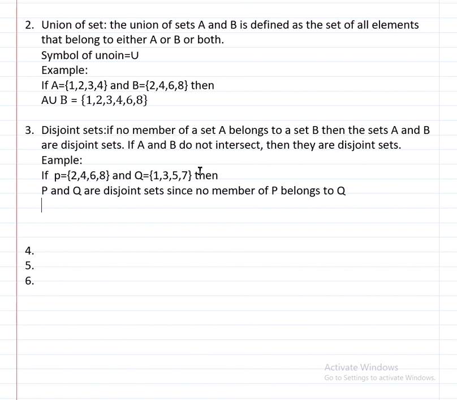So we can say that set P intersection Q is a null set or an empty set.